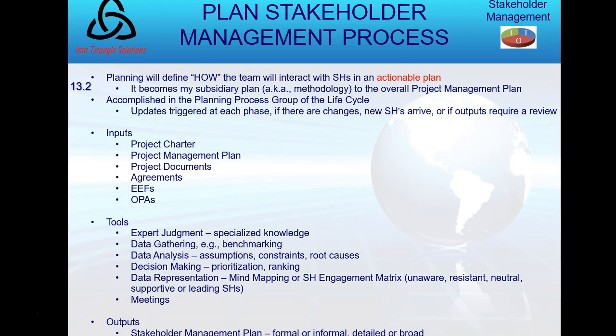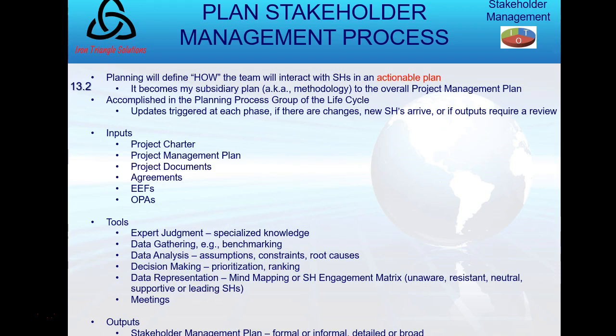And we categorize those stakeholders as they're either unaware of the project, resistant to the project, neutral, supportive, or leading. And what we want to do with that stakeholder engagement matrix is look for a gap between the current state and the desired state that is going to drive a new level of communication. Okay. Then the last tool is meetings.